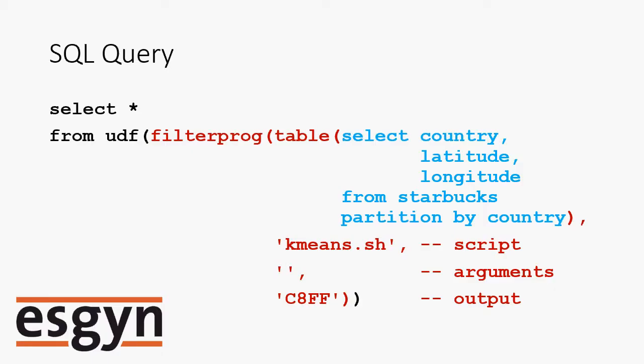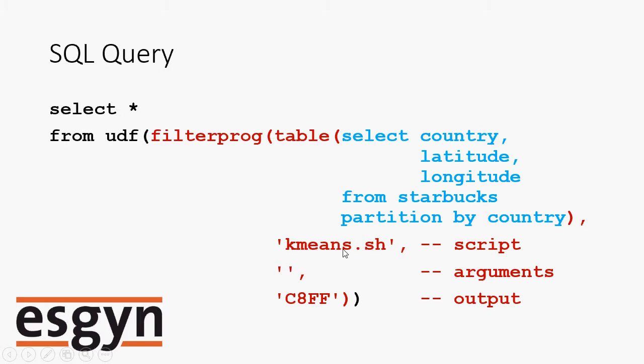This is the SQL query. It is basically a select from a UDF, a user-defined function, called filterprog. And this user-defined function takes several arguments. The first argument is an input table. This is a table-valued item that is basically the raw data to process. And then it takes the name of a script, which invokes an R program.